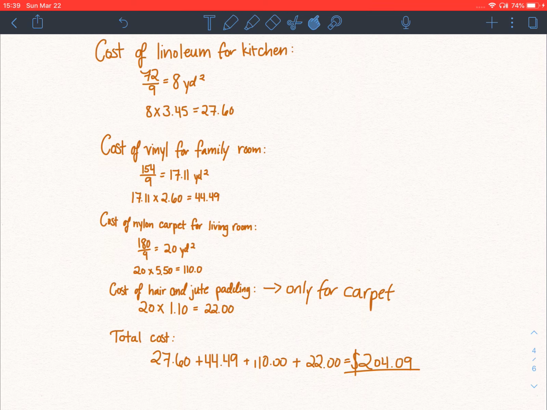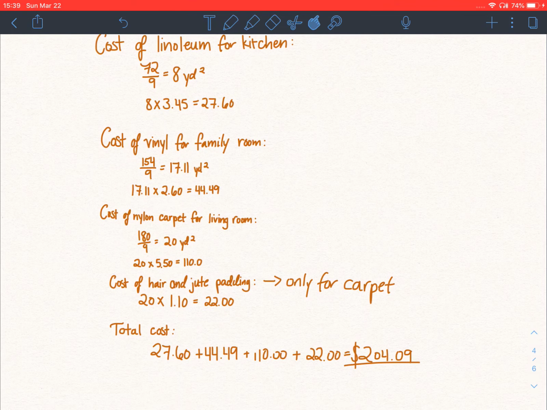And then do the same thing for the nylon carpeting for the living room. 180 feet squared divided by 9, which is 20 yards squared. Multiply the 20 by $5.50 to get $110 for carpet. And then the cost of hair and jute padding, which just keep note that we only use padding for carpet.